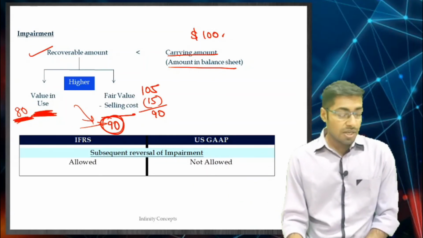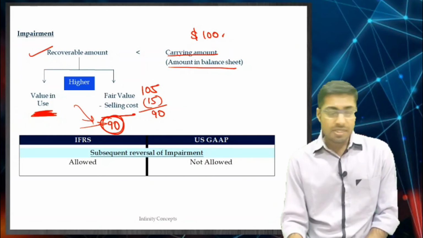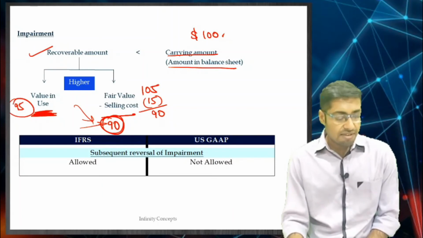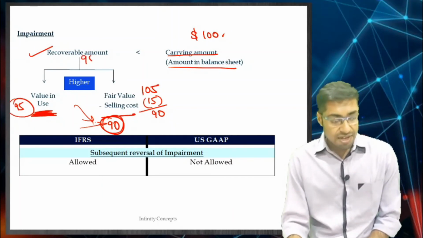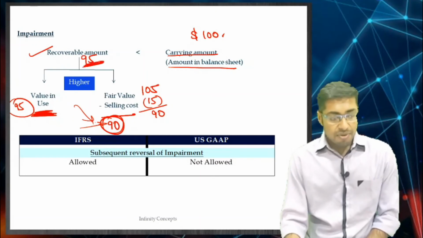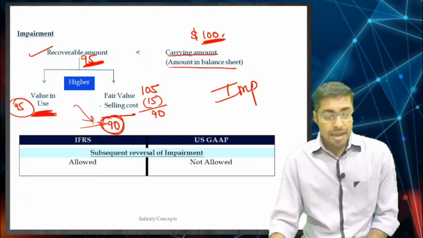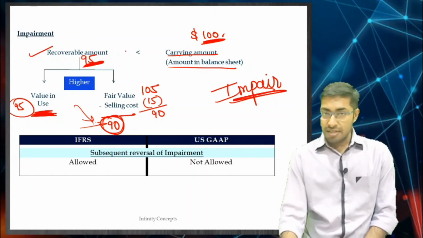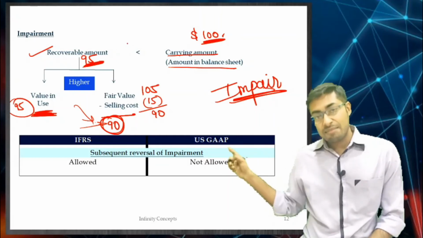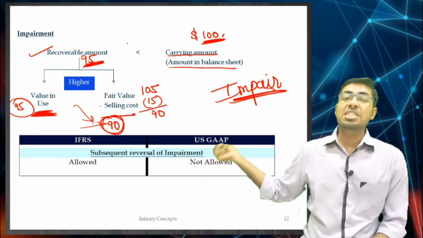So you are going to sell it away. But if your value in use is 95, then 95 or 90, whichever is higher, 95 is higher, the recoverable amount is lower than the carrying amount, and therefore we are going to impair this particular asset by $5.